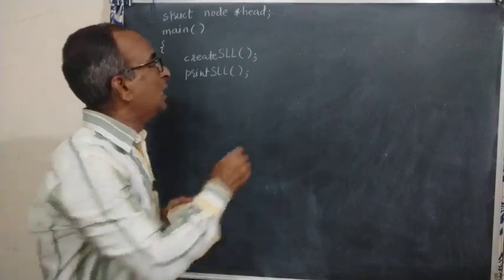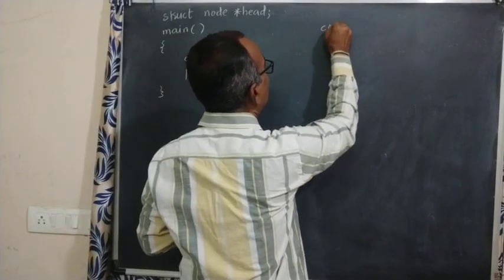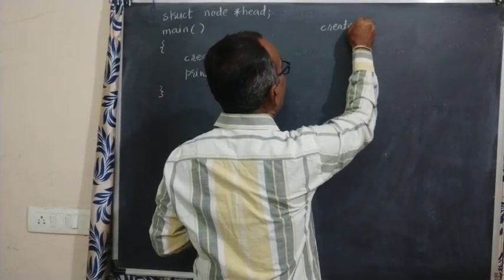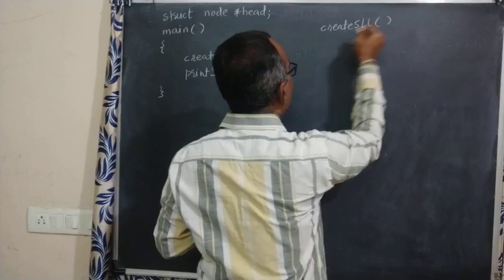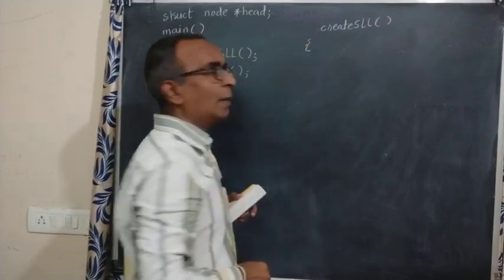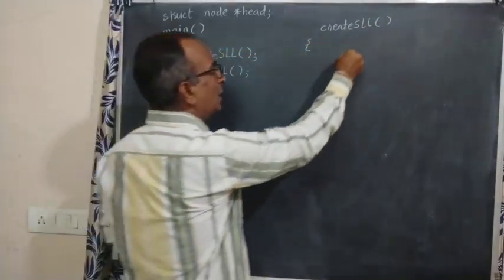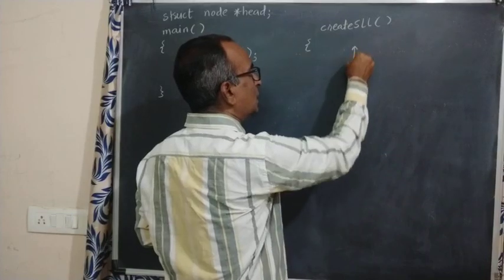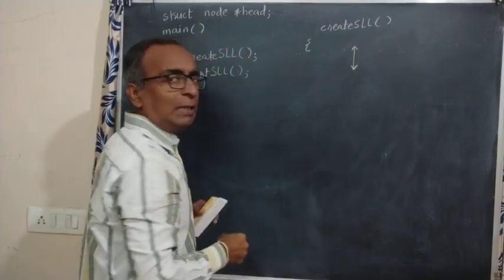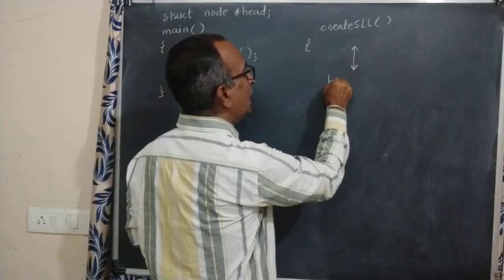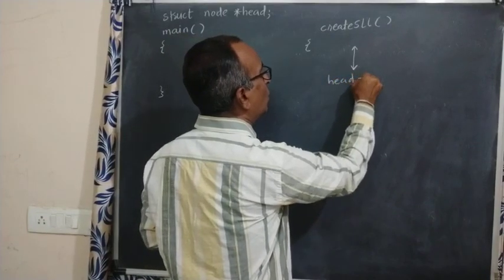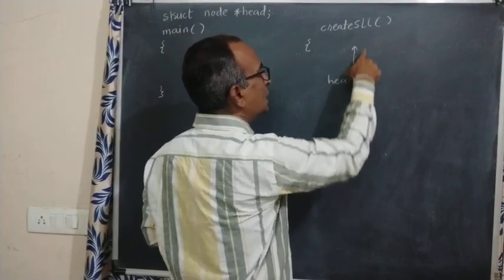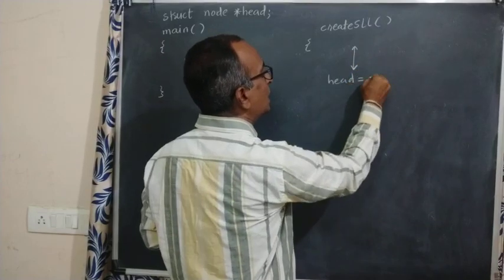So this create SLL, this is rough work that I am doing. It will create the linked list. After creation of the linked list, it will set the head node. Whatever list create linked list creates, that head node is set here.